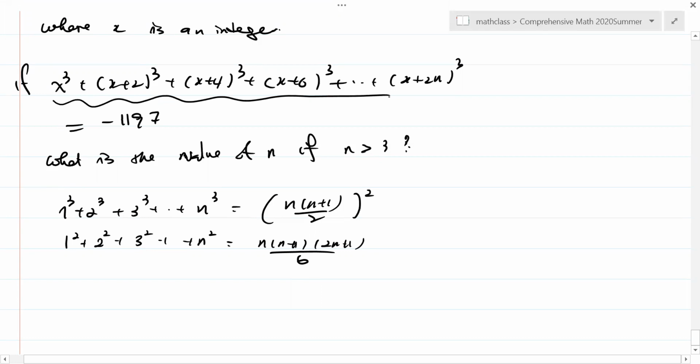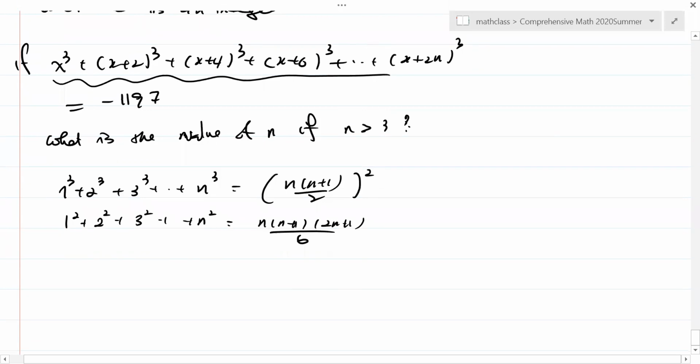So this is not the way to do it. There must be a trick here. The idea is that you have to make a simple observation. You can expand x plus 2 squared, no problem.